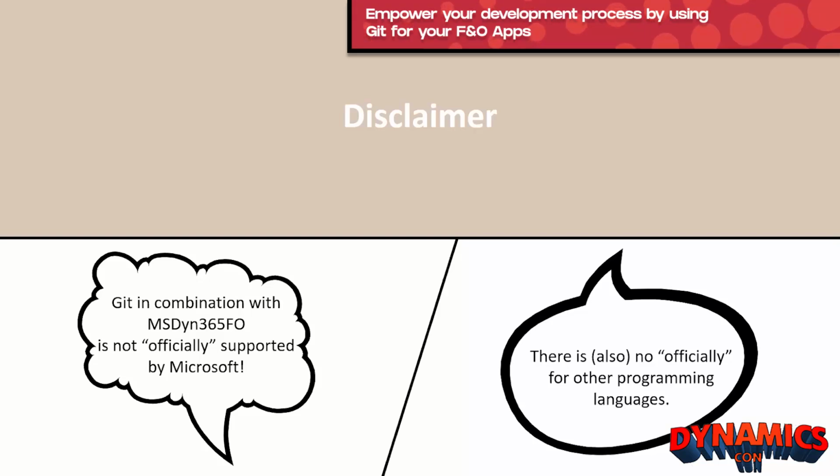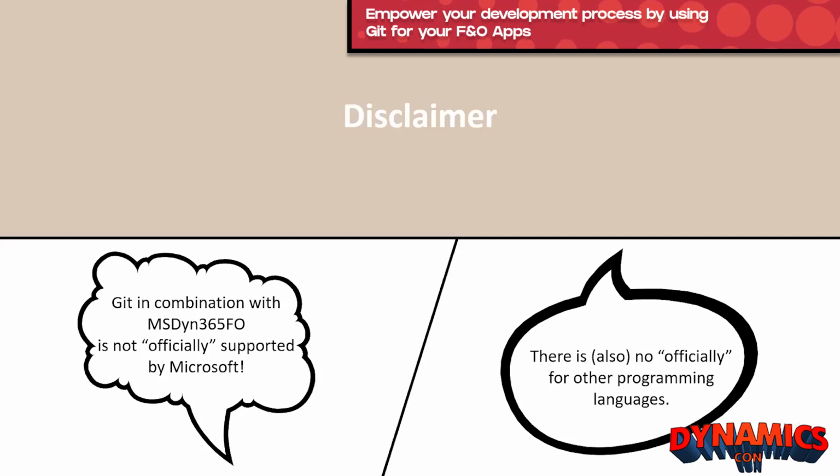Officially supported for me means more that you are able to use multi-branches, multi-repositories, and so on. Officially supported also means that you are able to create support requests when you're having problems with Git and F&O, but I haven't created any support requests for the TFVC part of the version control for F&O either. So I think this is not a blocker, and if you're having any problem, you have a nice community and you can ask everything there.